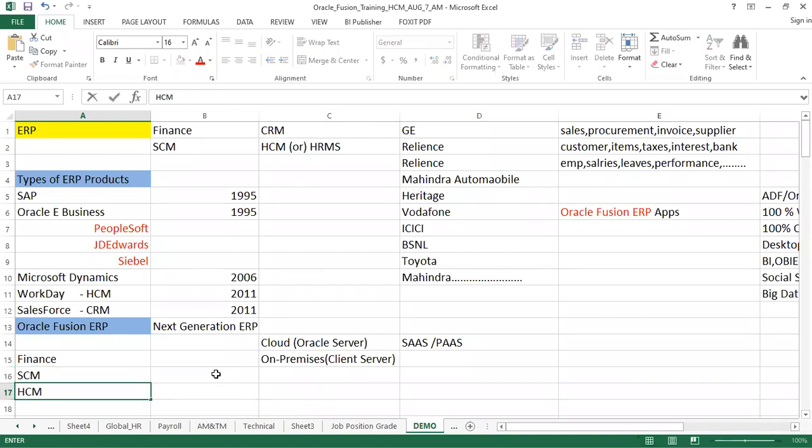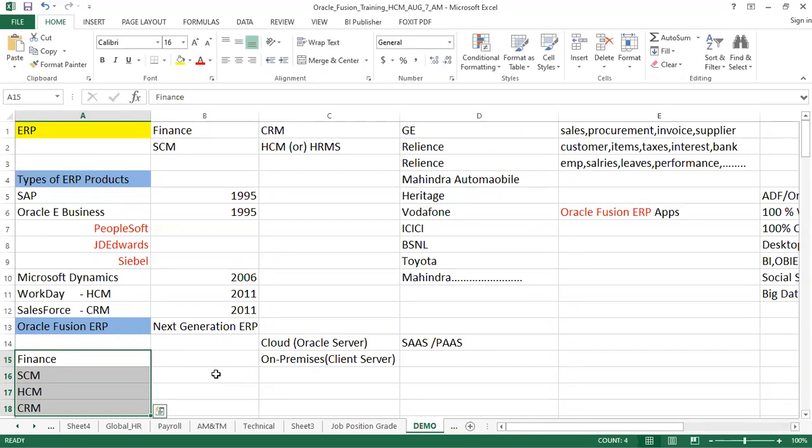Human capital management, if the client wants to maintain employee data, salaries, leaves, and talent. And customer relationship management, CRM, for customer relations, service requests, and service products. These are the four areas we are going to have: finance, supply chain management, human capital management, and customer relationship management. These are all part of our ERP software.